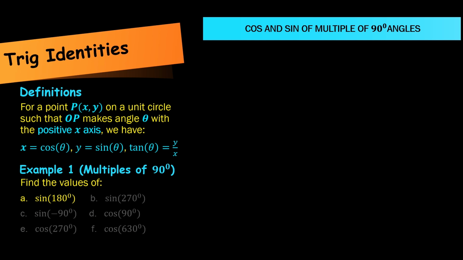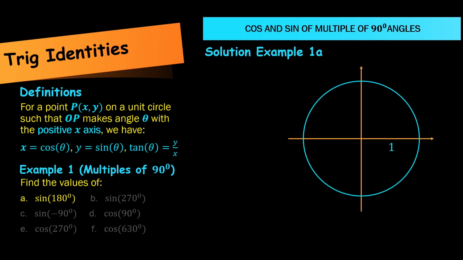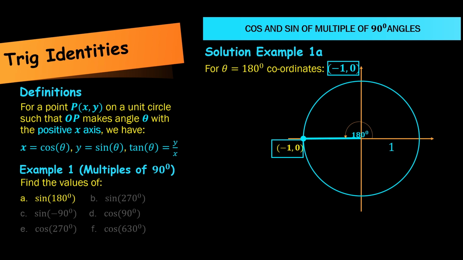Now let's have a go at example 1a. We are first required to find the value of sine 180 degrees. So let's solve this. Here's the unit circle. And here's the angle theta, which is 180 degrees in our example. The coordinates corresponding to this are (-1, 0), as shown.